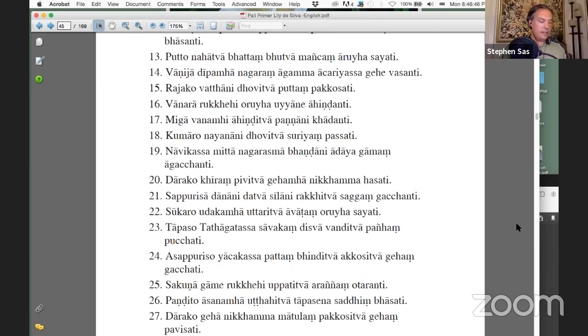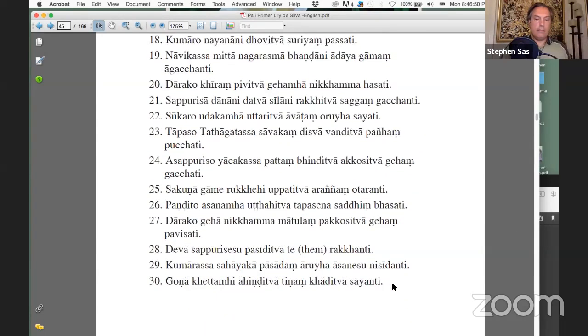27? Yes. Darago, Geha, Nikama, Matulang, Patkositwa, Geham, Babisate. The main object is Darago. Yes, the child, and the verb Babisate is enter.